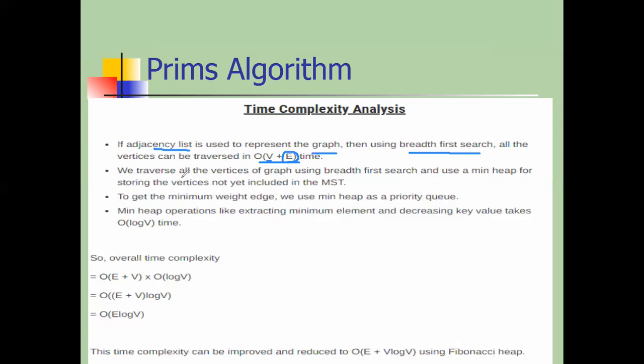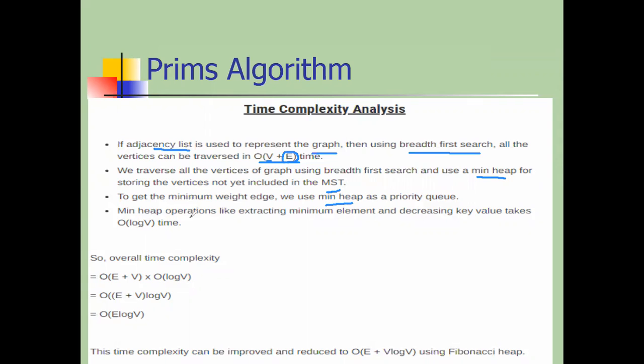Okay, so we traverse all the vertices of the graph using BFS and use a minimum heap, meaning we are considering the minimum value here for storing the vertices not yet included in the MST. To get the minimum weight edge we use a minimum heap as a priority queue. Why did I say minimum heap? Because we consider the minimum distance. We saw the minimum heap concept in heap sort.